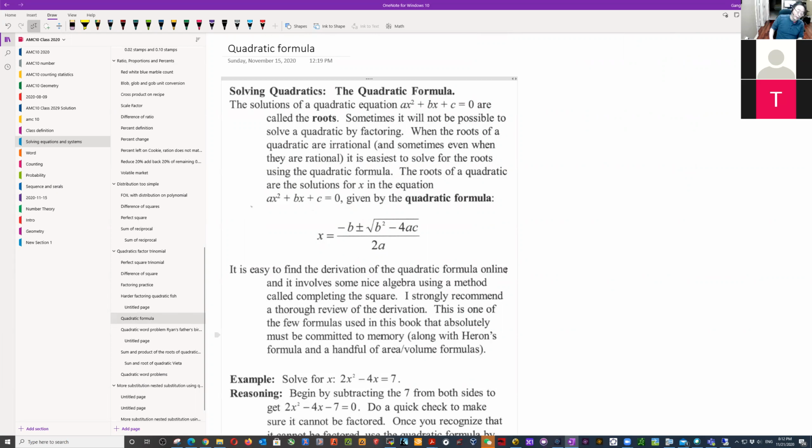If you are in the AMC10, the best way is to just use the quadratic formula, because factoring and perfect squares are the other methods. There are 3 methods to solve, but the other 2 are not always guaranteed to solve the problem. The quadratic formula is guaranteed to solve any problem, even if it has an imaginary solution. So let's remember this.